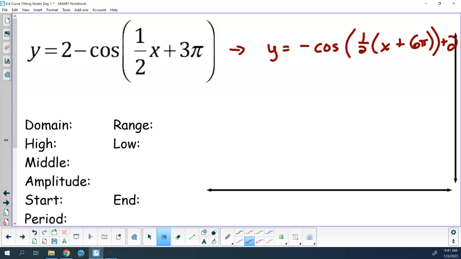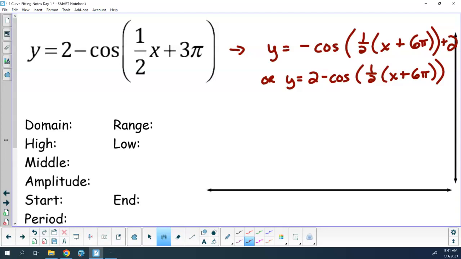If you kept the +2 out front, that's fine. But if you wanted to, when you rewrote it, because you got to factor out 1/2, you can rewrite it like that. They mean the exact same thing. Okay?